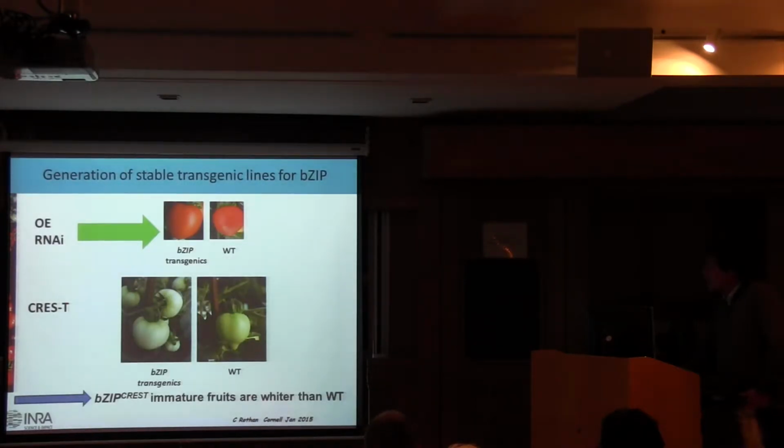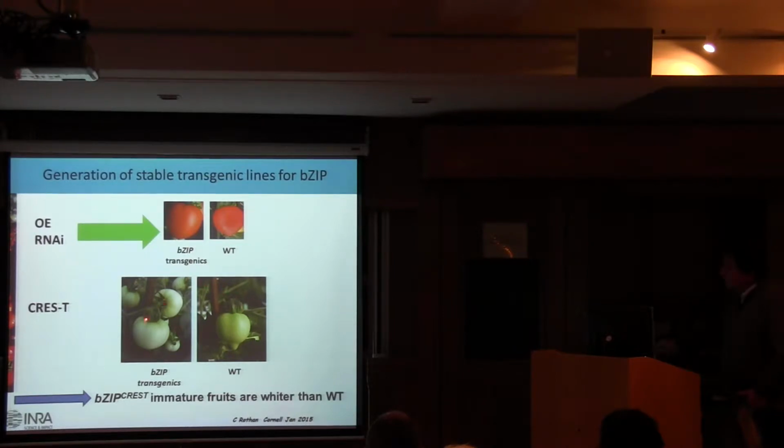So what we did is overexpression and RNAi, with no result. And then CRES-T technology, which basically allows us to have a kind of dominant negative mutant for this basic factor.